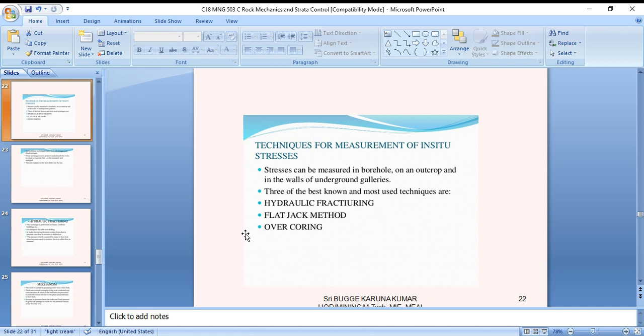Another instruments are borehole cameras, borehole television cameras also there. And then the LVDT also there. Another, dynamometer load cells are there.